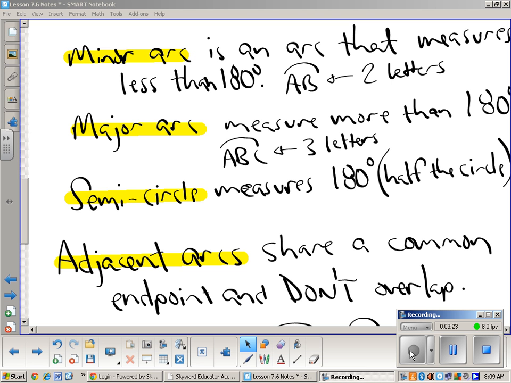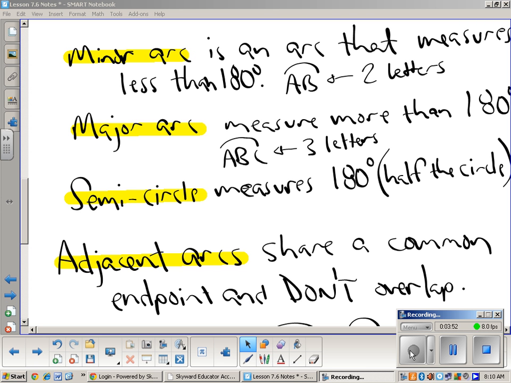Okay? A major arc has a measure more than 180 degrees. And you must use 3 letters for a major arc. Where A and C, in this case, would be my endpoints of my arc, and B would be just some point on that arc. If there was multiple points on that arc, then I could name it the same way.